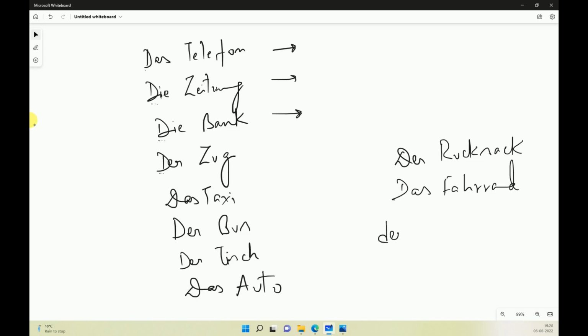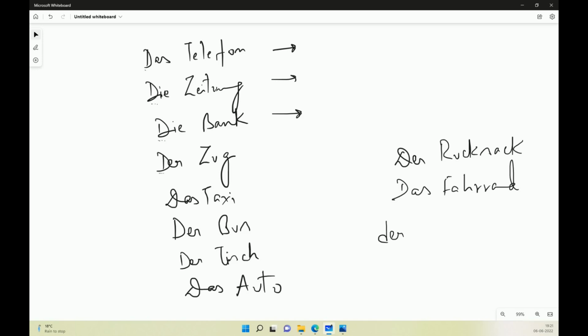Now I'm writing it in small because it hardly makes any difference. In case you're saying, for example, das Fahrrad ist kaputt, in this sentence das comes as the first word of the sentence, thereby it is uppercased.